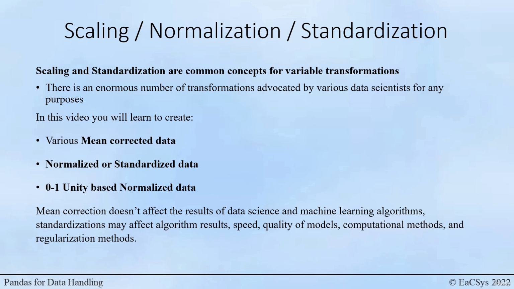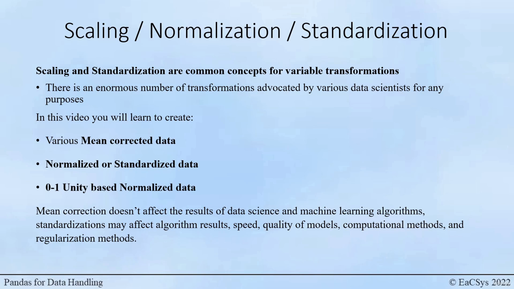In this video, you will learn to construct mean-corrected data. This is the most common transformation, which is a computational part of many algorithms, and in particular mean parameter models such as linear regression always will include this type of transformation to calculate sums of squares, gradient descent, residuals, and similar things.